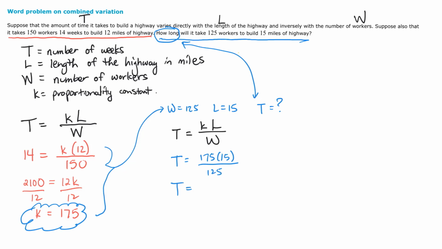Let's reduce this. There are about 7 quarters here and 5 quarters in 125. And then 15 over 5 is 3, so T is equal to 21.